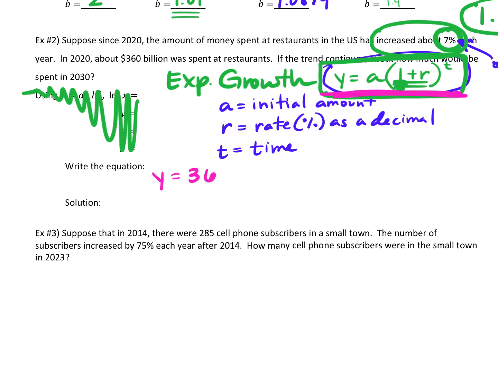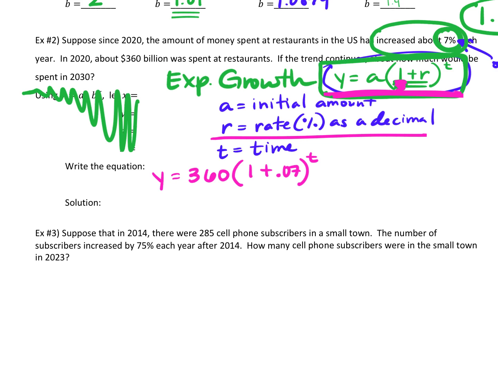So we're going to go 360 times, this will always be a 1. You're going to go 1 plus, because we're increasing. And then we said our r is a percent as a decimal. How do you write 7% as a decimal? 0.07 to the t power.